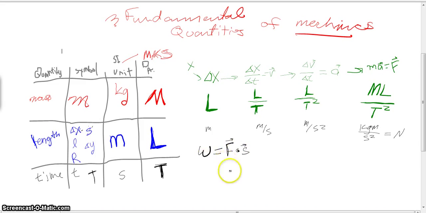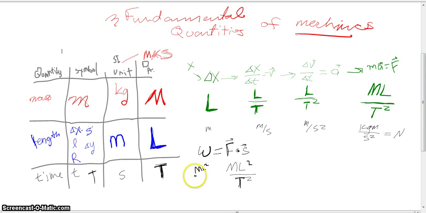Well, you'd have force, which would be mL over t squared, times displacement, which is L. So that would be mass length squared over time squared. Well, hey, guess what? That's all work is.